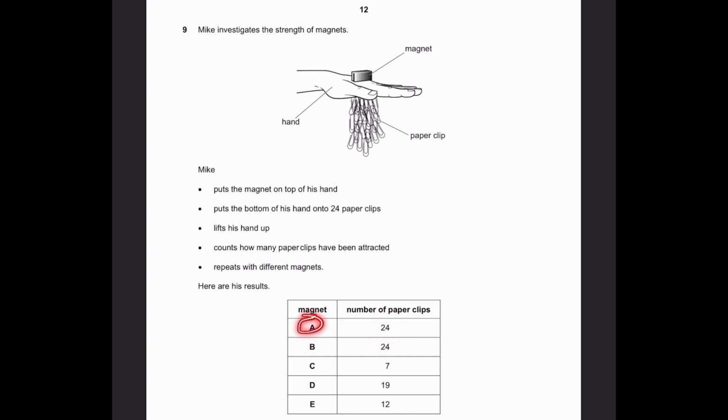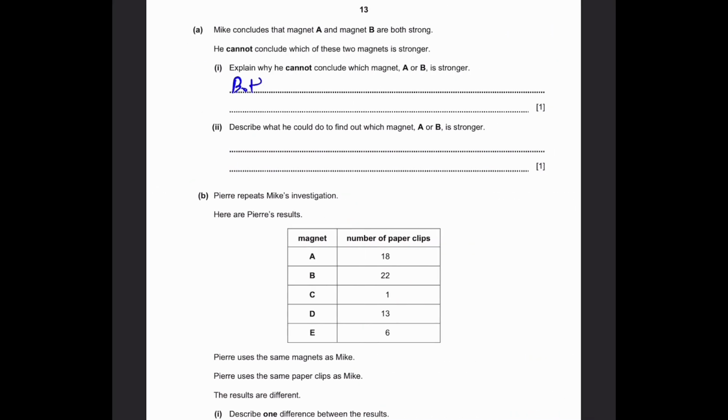So even if magnet A is stronger, for example, it would still mean that they could not find out, because 24 is the maximum for the particular experiment setup which Mike has done. Therefore, we can write that both magnets have picked up the same maximum number of paper clips.